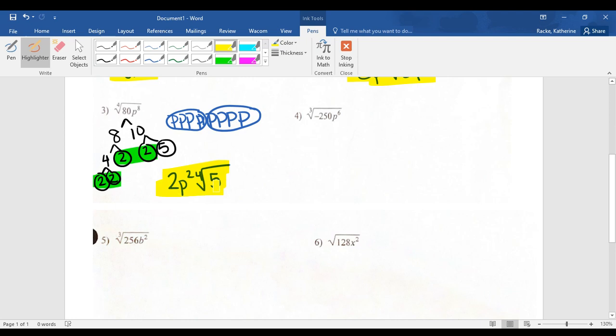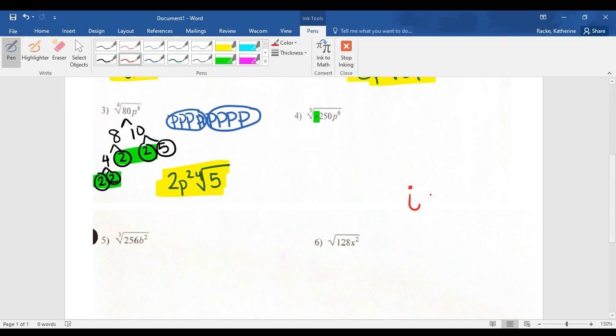Okay. All right, number 4, we have the cube root of negative 250 p to the 6th power. The first thing you should notice is that it has a negative here. If we recall what that negative means, that tells me I'm going to have an i in my answer.